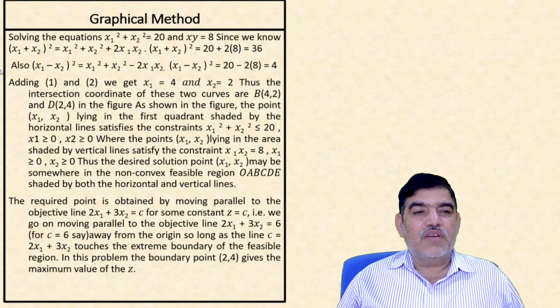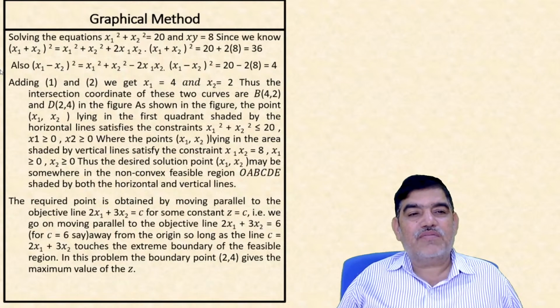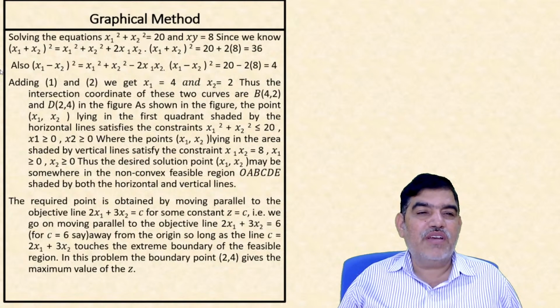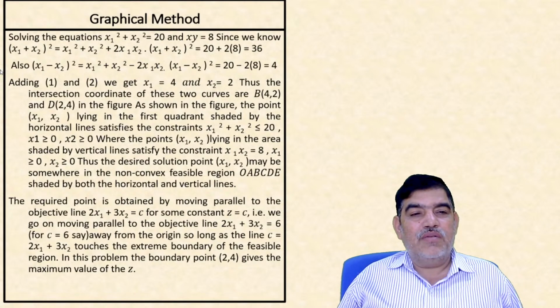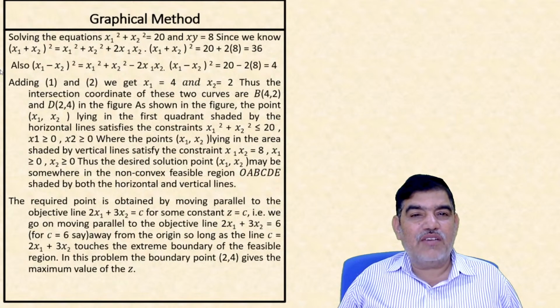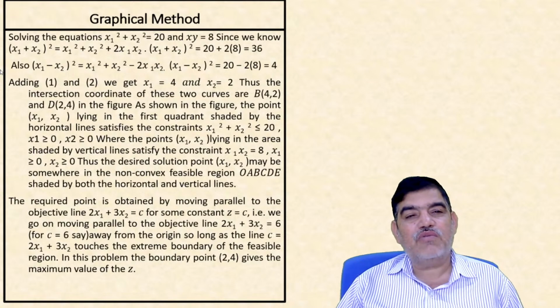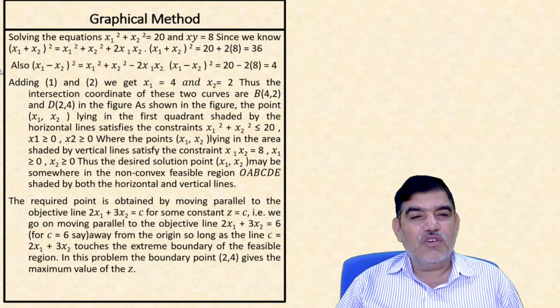Similarly, (x1 − x2)². The formula for (a − b)² is a² + b² − 2ab. So we put that formula here: (x1 − x2)² = x1² + x2² − 2x1x2.